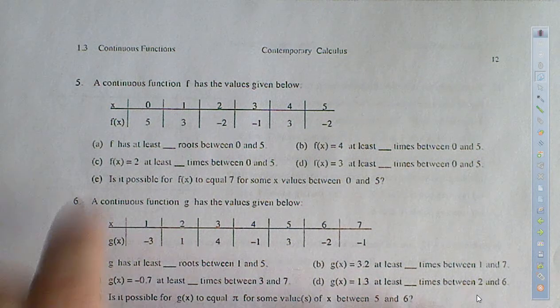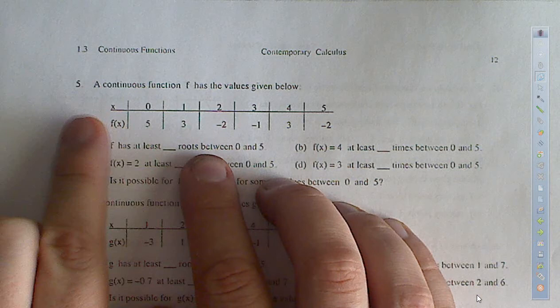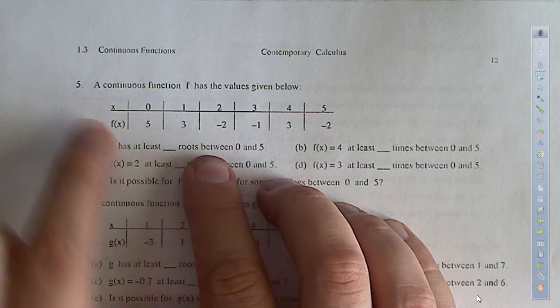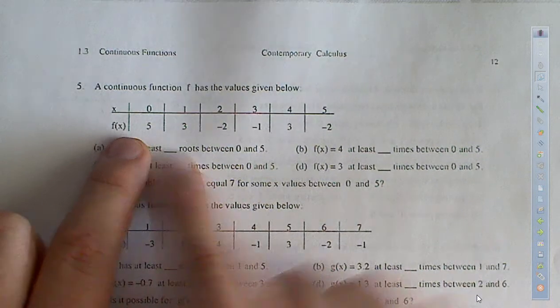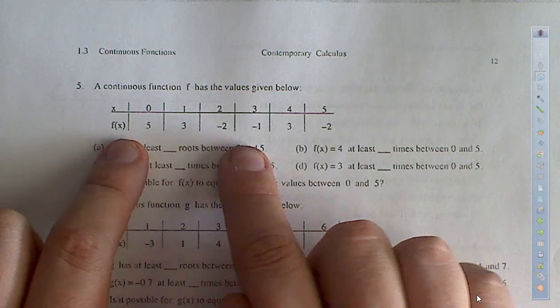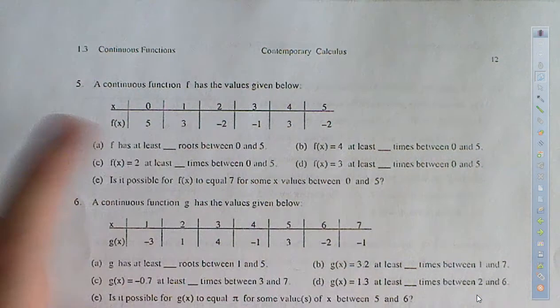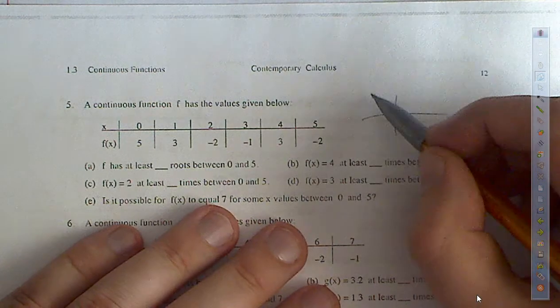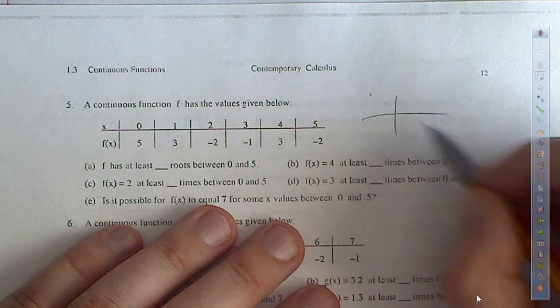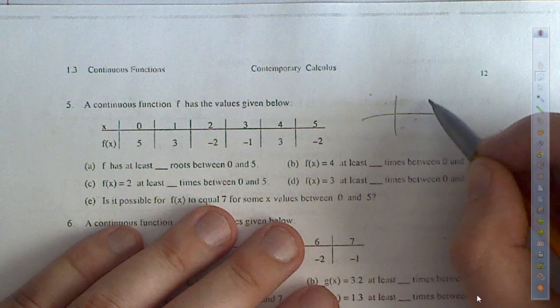So in this situation, we've got x values and we've got y values. X goes from 0 to 5, and the y values are 5, 3, -2, -1, 3, -2. So if you imagine graphing this out, it starts out at 5, goes down to 3, goes down to -2, -1, 3, -2.